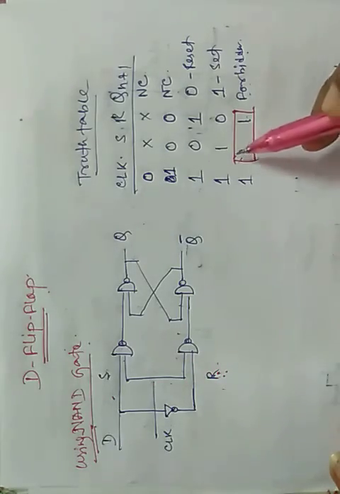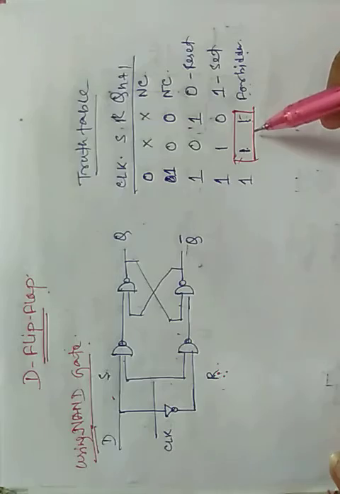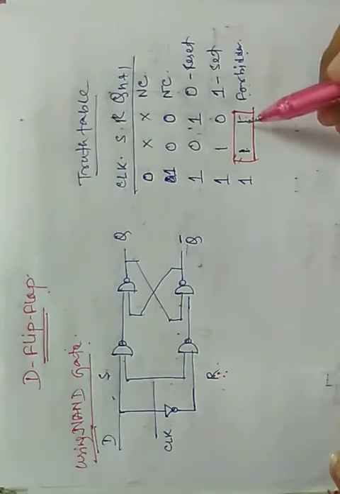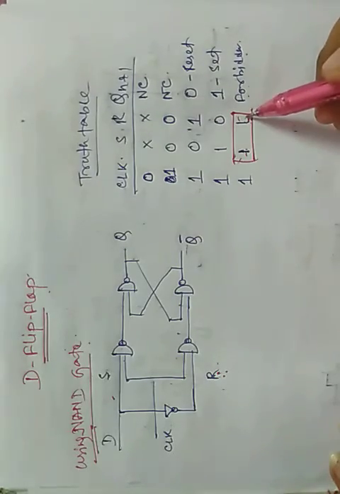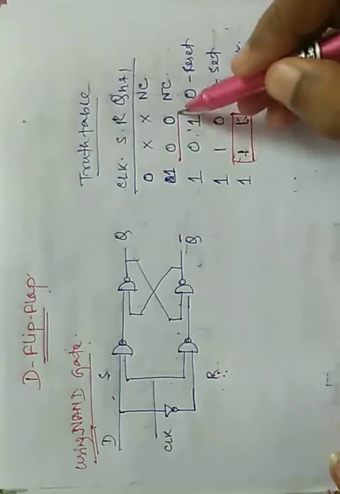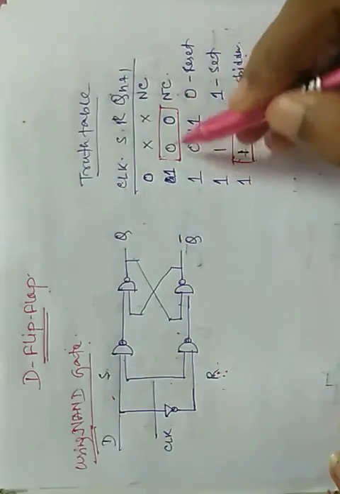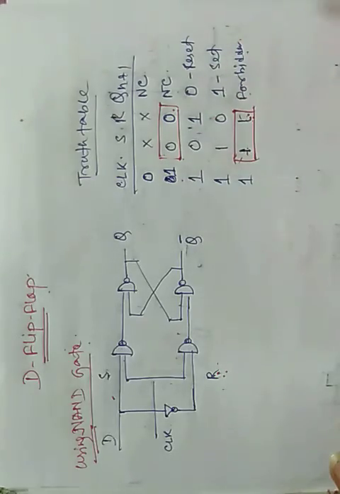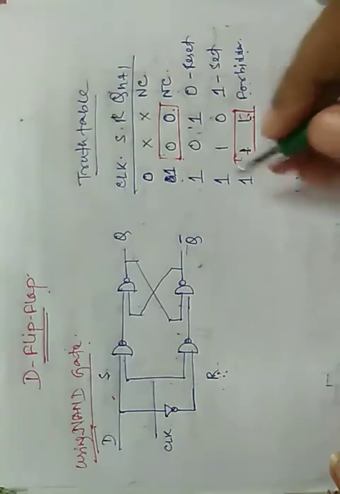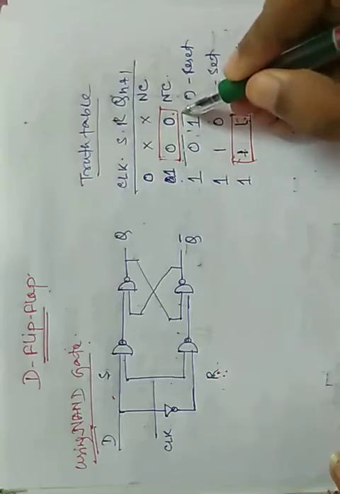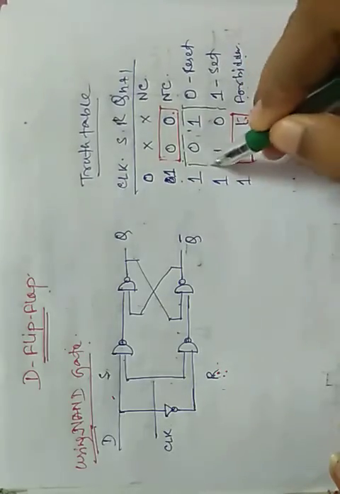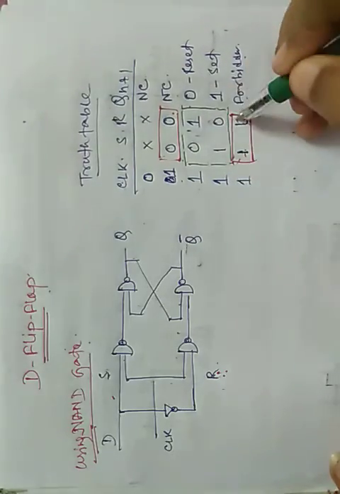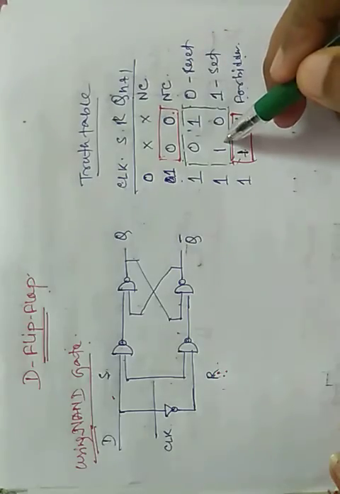So the two values of S and R are never the same. As this condition will not arise, the 0 and 0 condition also does not arise. Both the values cannot be 0. So only these two conditions can happen in D flip-flop, which is an improved version of SR flip-flop.